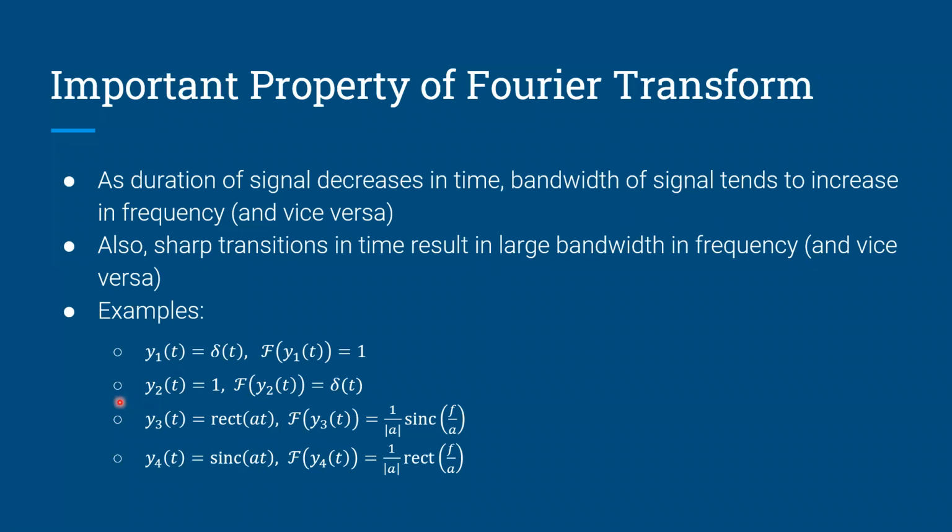And of course, by duality, if we have a function y2, which equals 1, the Fourier transform is the delta function. So what this is showing is that if we have a signal that is infinitely short in time, the delta function, the bandwidth of that signal is infinite. So in this case, the constant 1 is infinite bandwidth.